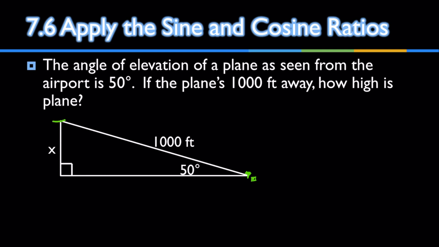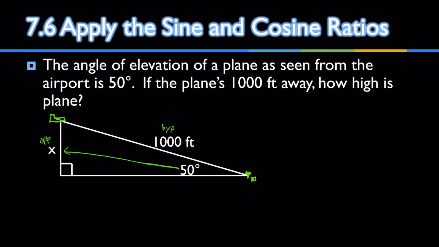And the airplane is here. And it's 1,000 feet away, so that's directly the 1,000 feet. So the 1,000 feet is the hypotenuse. All right, so we see what we have. So the x is opposite, and the 1,000 is the hypotenuse.